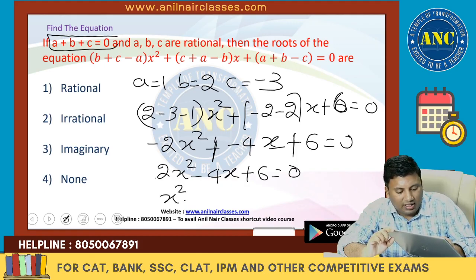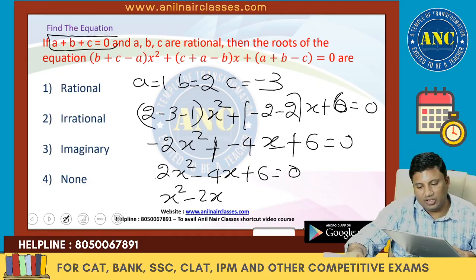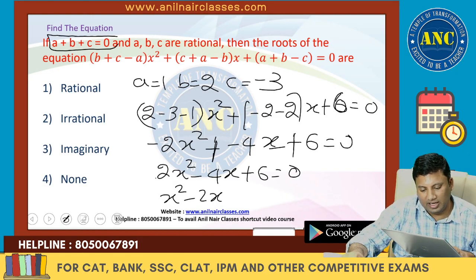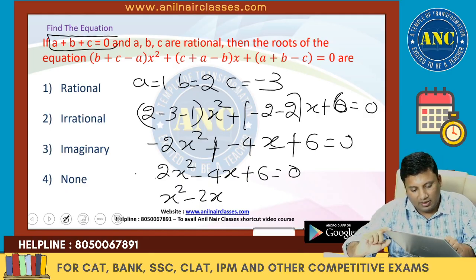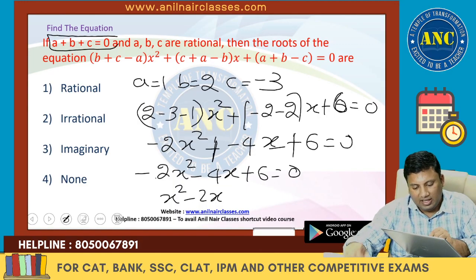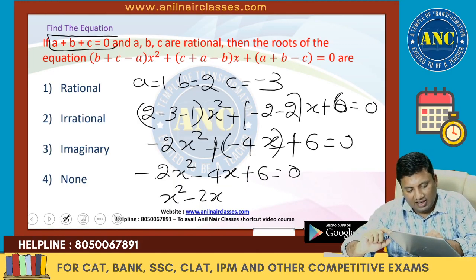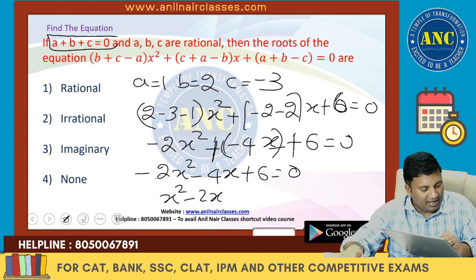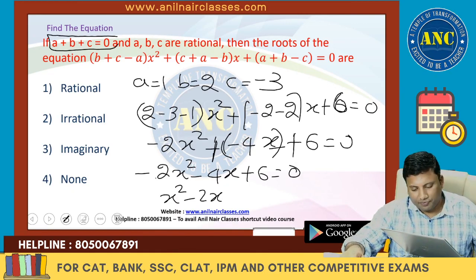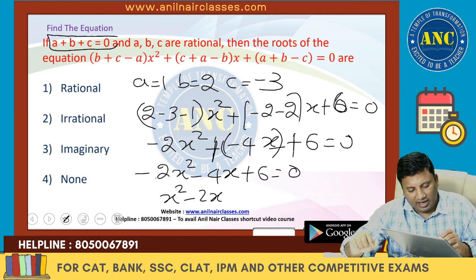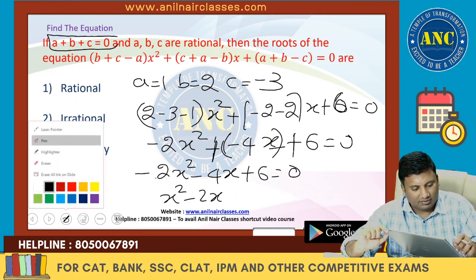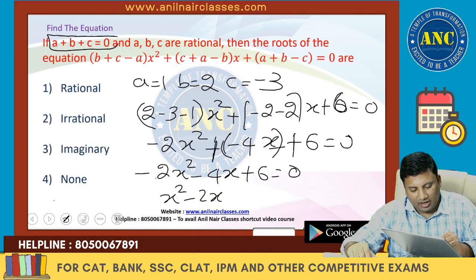X square minus 2x minus 3 plus 6. Anywhere is there a mistake? Minus 2x square. This is plus. This is nothing but 2x square.